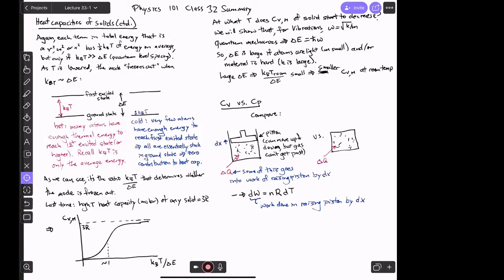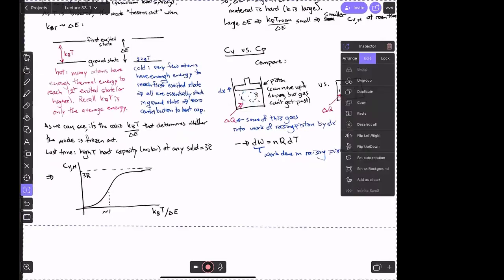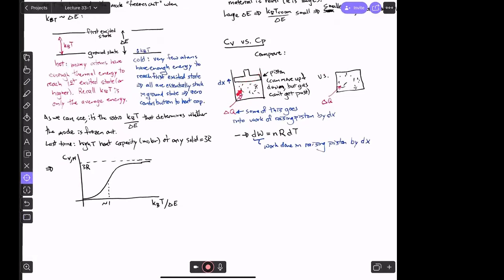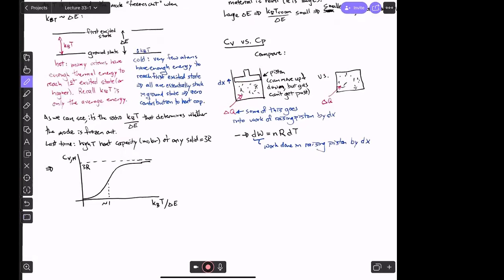Okay, so let's finish up our discussion of CP versus CV. Again, in this case with the piston, first let's talk about why that is actually a constant pressure case. If we drew a free body diagram for the piston, it looks like this.